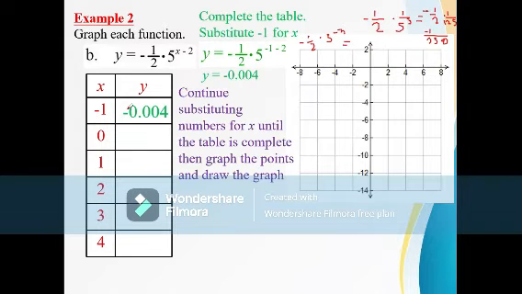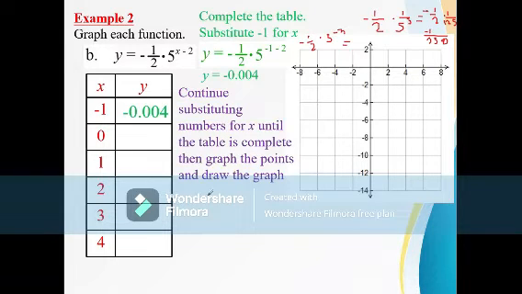Okay, proceed. We will not solve it one by one, since I have presented the solution for the first value of y when x is negative 1. Just continue the procedure and follow the process on how to solve for y after substituting the value of x. Continue substituting numbers for x until the table is complete.